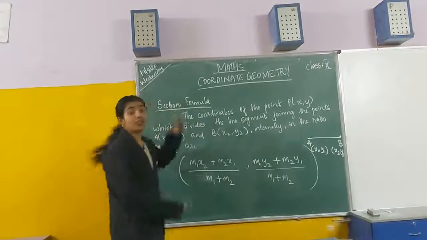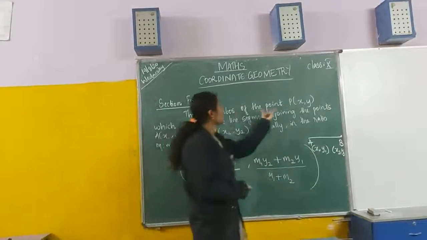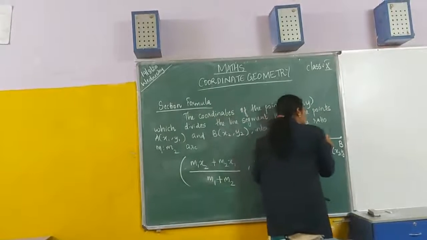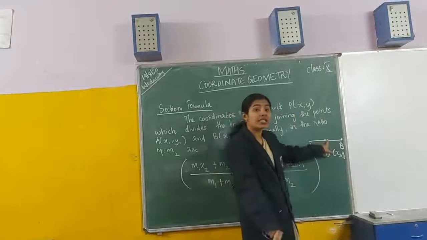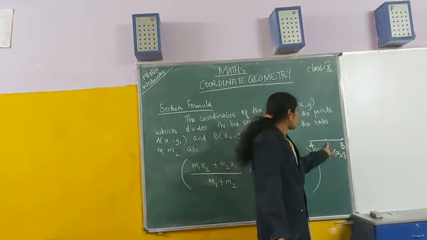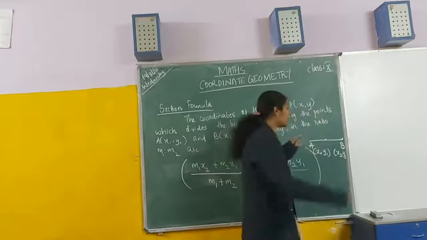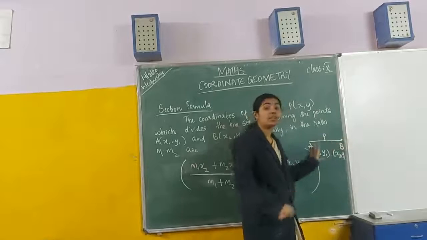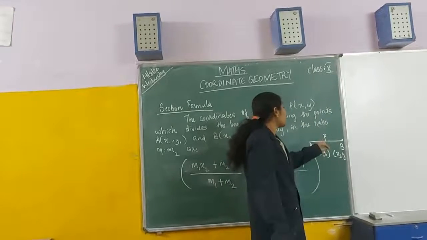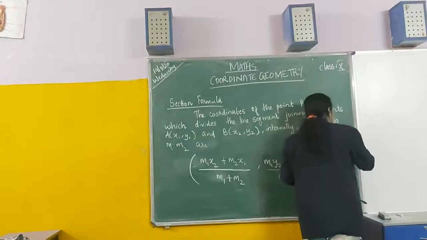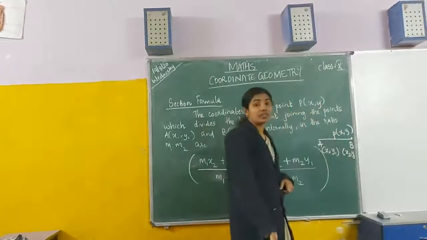And you want to find the coordinates of the point P. This point P will be on this line, between A and B. We can take its coordinates as x, y.